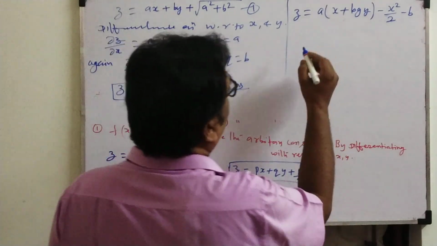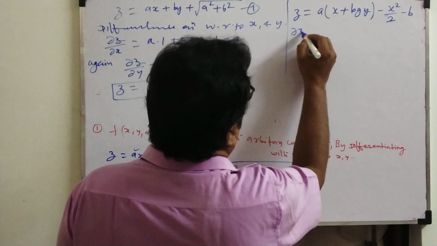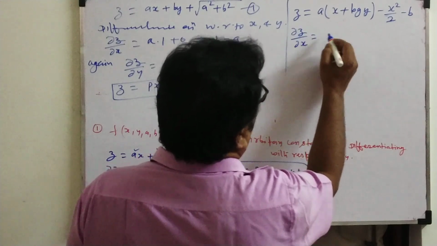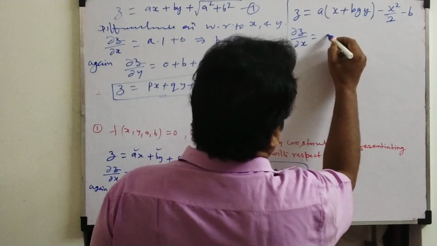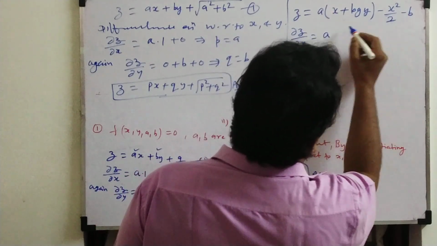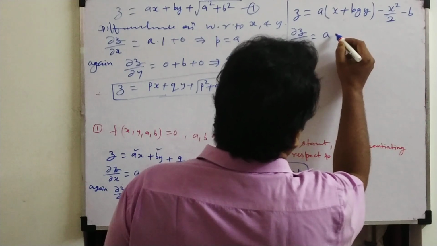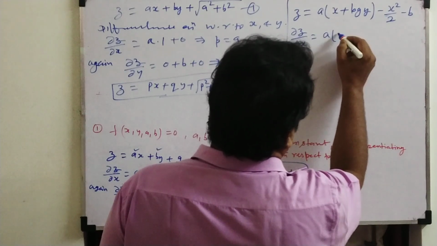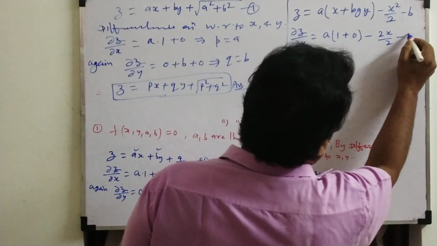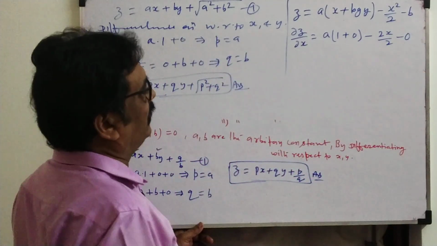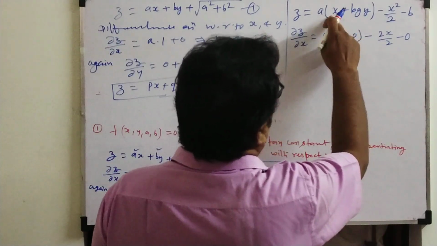So first we will differentiate with respect to x. So see here, dou z by dou x. A into x, if you multiply, this is the variable, so it will come a only. Anywhere else is x there? No. So if you want, write a into 1 plus 0 minus 2x by 2 minus 0, we can write like this. Directly also you can, x only is here.